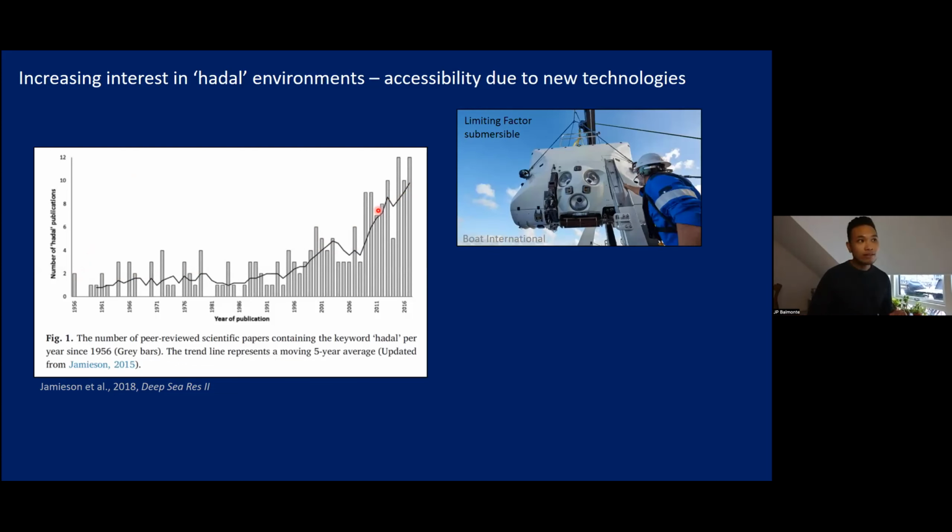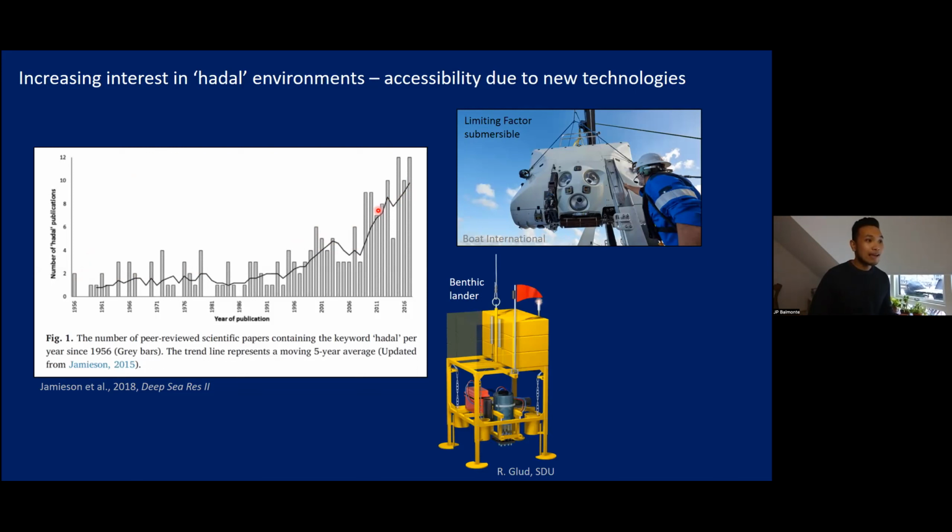In part, it's driven by things like submersibles that can go down to deep waters. And this limiting factor, for example, has a depth capacity of all the way down to 11,000 meters, so 11 kilometers, which is the deepest part of the ocean. As well, there are these autonomous vehicles.